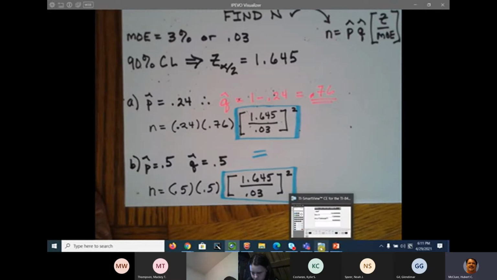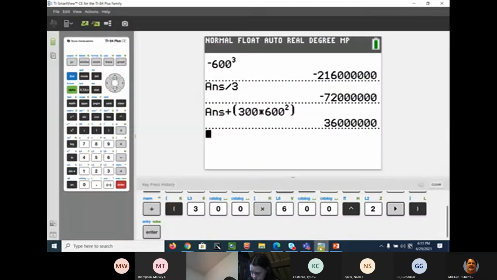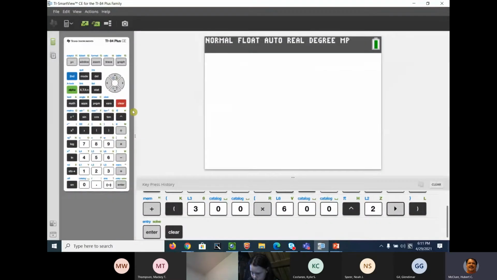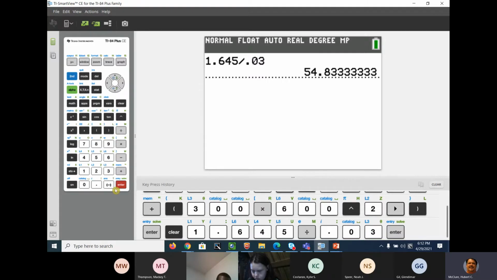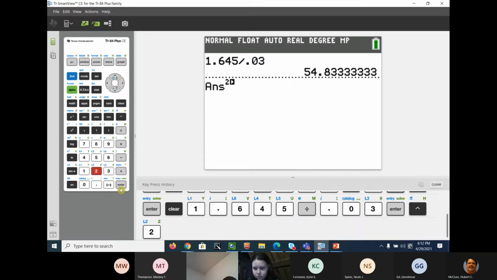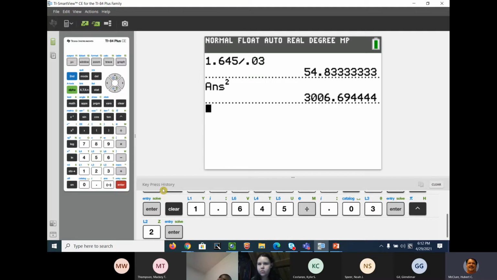So I'm going to take my handy dandy calculator, and I'm going to take 1.645 and divide it by 0.03, and raise that to the second power. Now, you can store that in your memory.